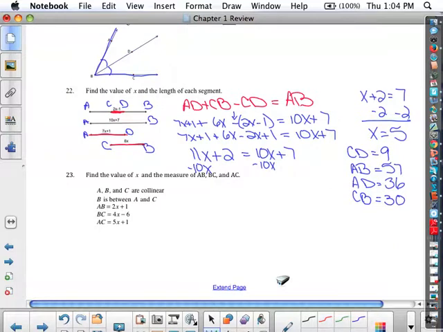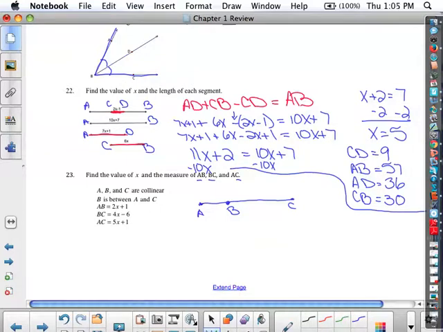Okay, let me try to draw a line here so we don't get confused with our problems. The next one, 23, says find the value of x, then the measure of AB, BC, and AC. When you see that, that should indicate that you're talking about a line segment. So it says A, B, and C are collinear. So there's A, there's B, and there's C. And I'm on purpose making it not look like it's a midpoint because I have no information to say that it is.